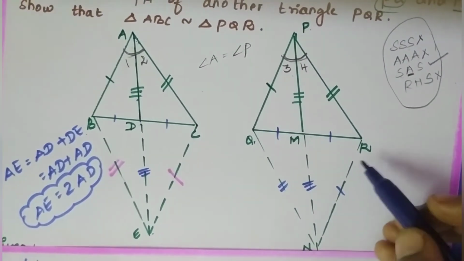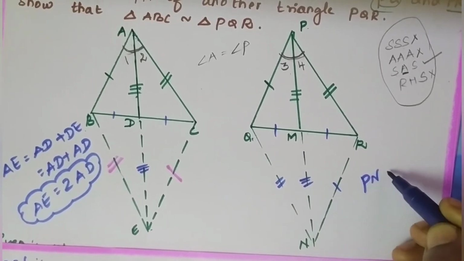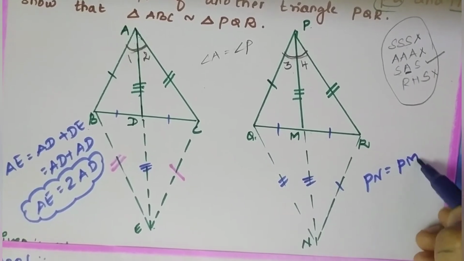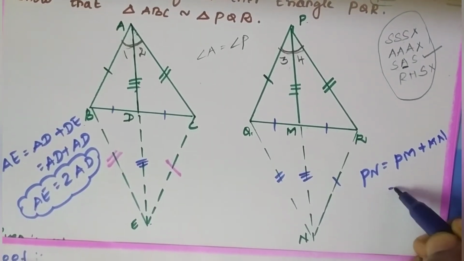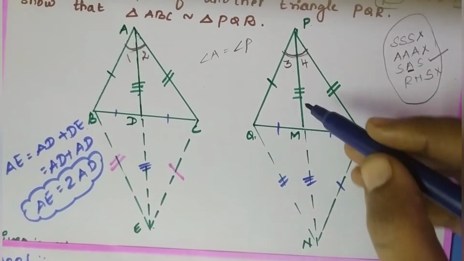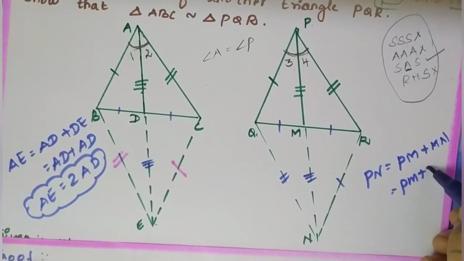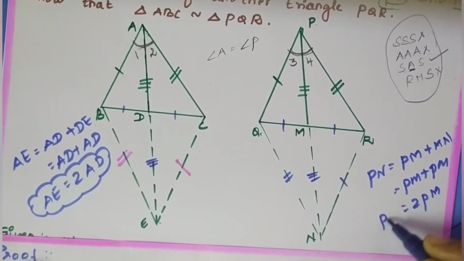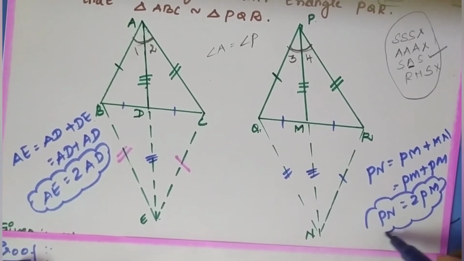And then for this also I can prove, how can we write PN? PN is equal to PM plus MN, and instead of MN I can write PM itself. So PM plus PM is equal to 2PM. So PN is equal to 2PM.